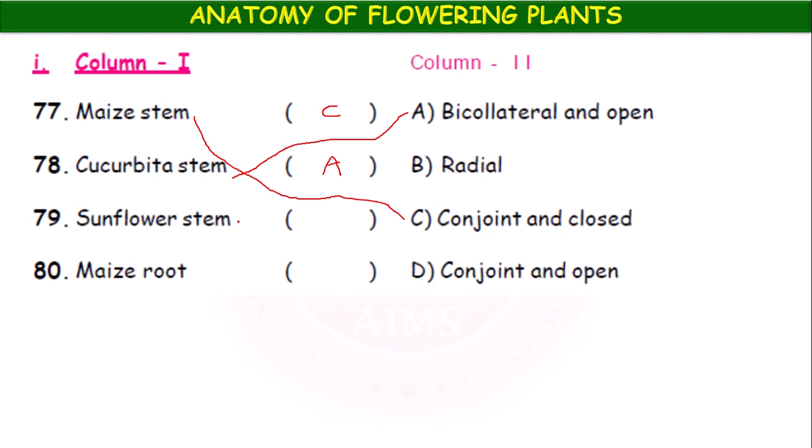Next, sunflower stem, Helianthus, also possesses conjoint and open, dicot. Next, maize root contains radial vascular bundles. So, B.